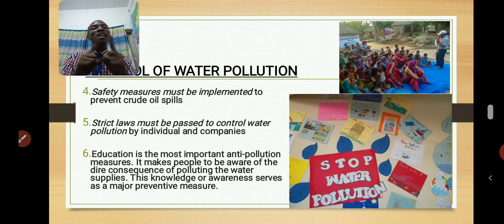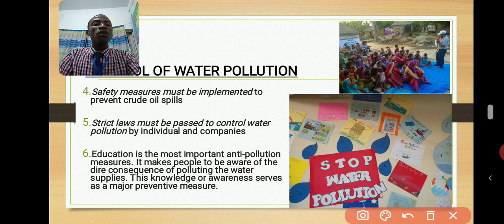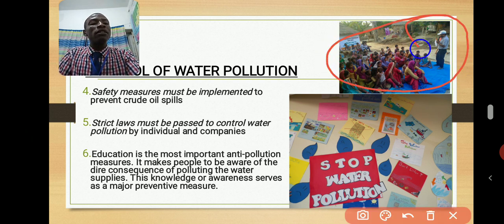Finally, and the most important method of controlling water pollution is by education. As you can see on this picture now, you can see this particular man educating others.